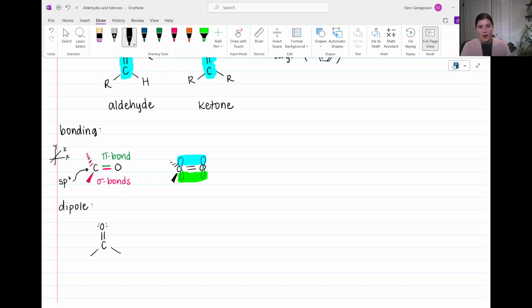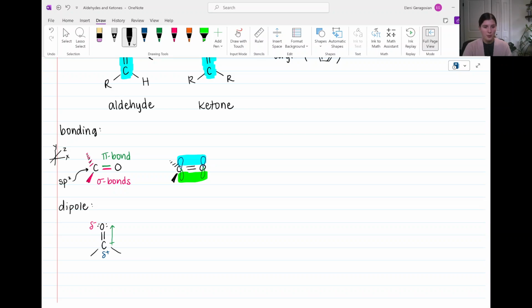But focusing on that carbon to oxygen bond, oxygen we know is more electronegative than carbon, and so that oxygen pulls electron density away from the carbonyl carbon. So we have a carbon that is a little bit electrophilic here because of that oxygen pulling electron density away. We have a partial negative charge on the oxygen and a partial positive charge on the carbon.